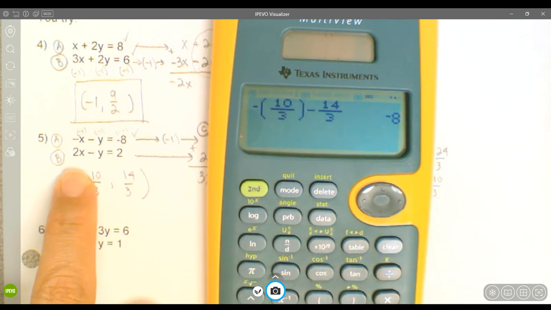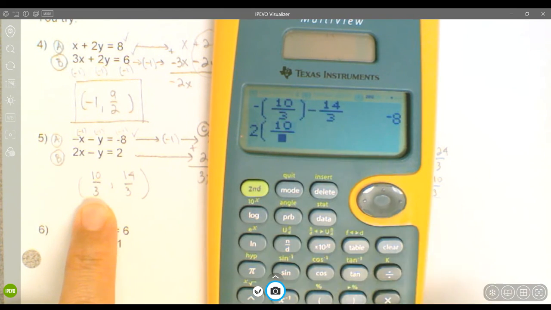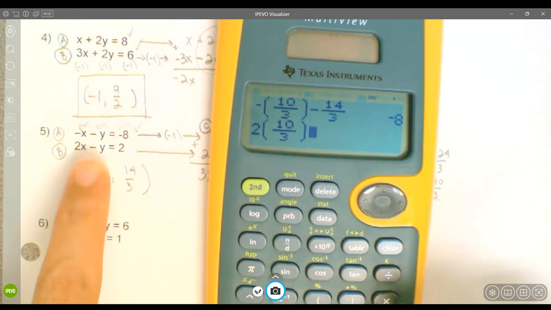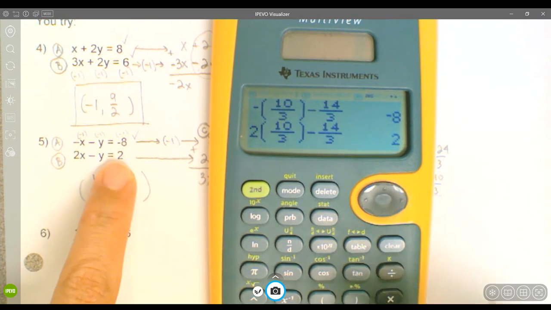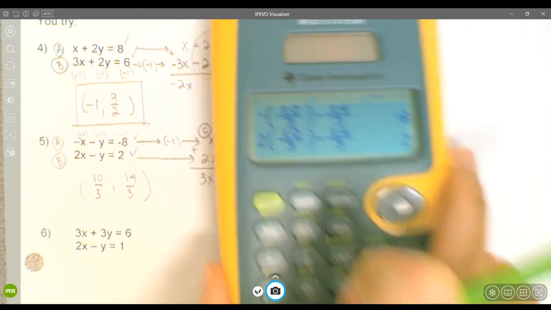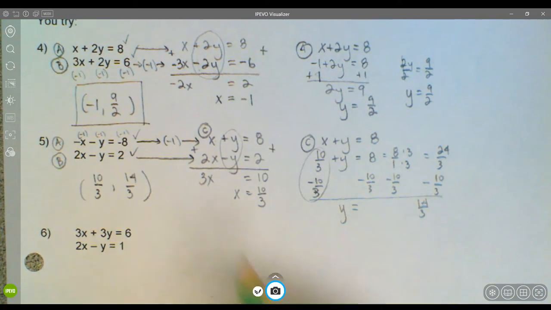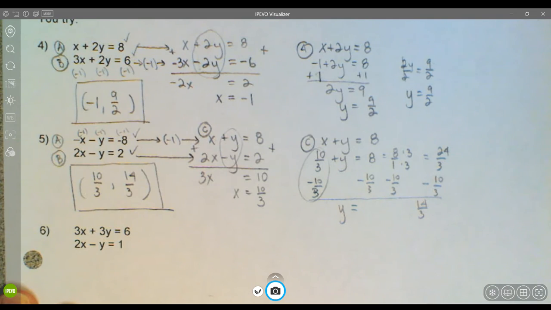So now let's take 2 times 10/3 minus y. And I hope I get 2. Yes, I get 2. And the reason I hope I get that answer is I don't know if I want to rework that, to be honest. But since both of these equations checked, I know that that ordered pair is the right answer.